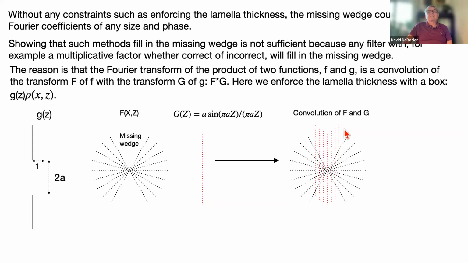And of course, you can see you fill in the missing wedge. But you don't know that you filled it in with correct values. You enforce the lamella, but whether those additions move you closer to the correct amplitude and phase in the missing wedge, you don't know, because you don't know how important a component that is of the values that would be in the missing wedge if you knew what the missing wedge contained.